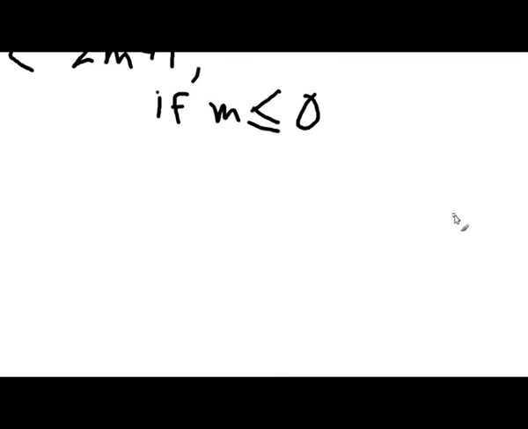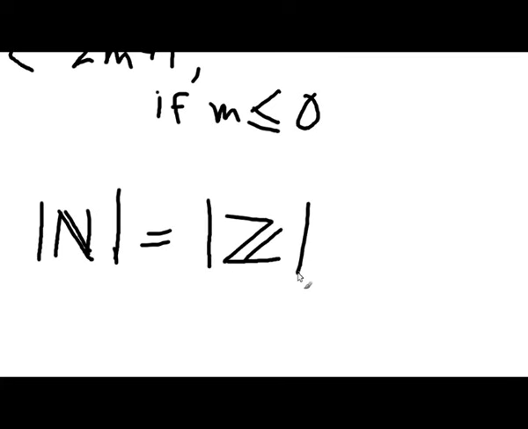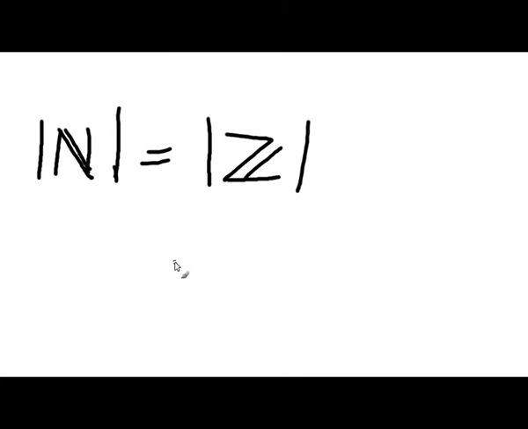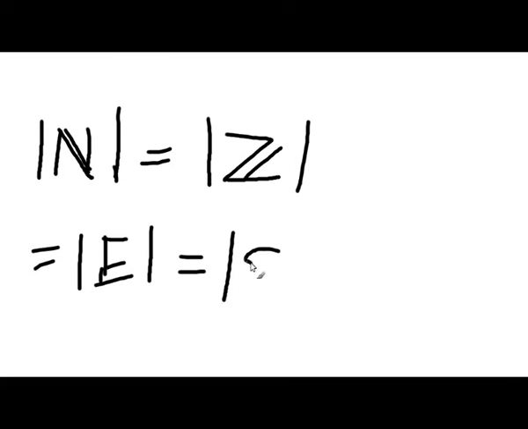So what we have here is this relationship: the cardinality of the set of natural numbers is equal to the cardinality of the set of integers. And previously we did two more examples where we saw that this is also equal to the cardinality of the set of even natural numbers and the cardinality of the set of the natural numbers greater than 1.